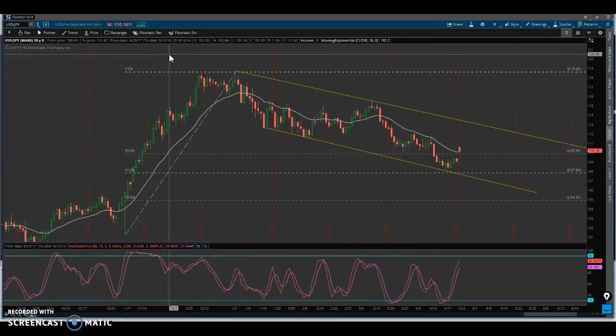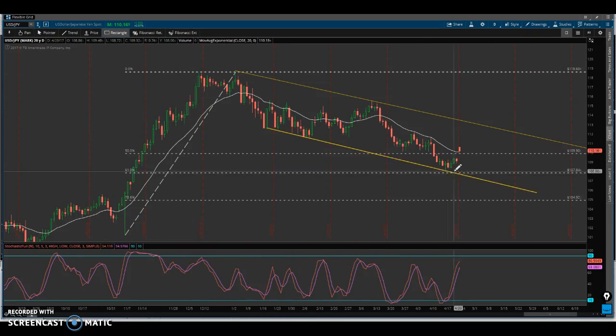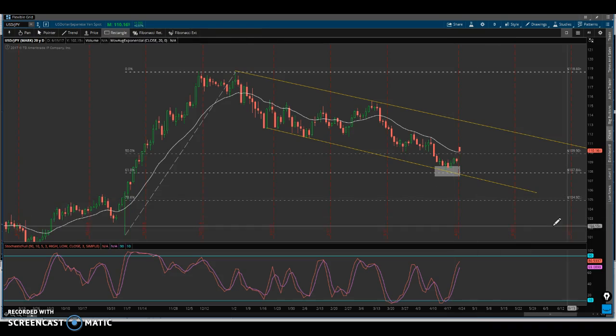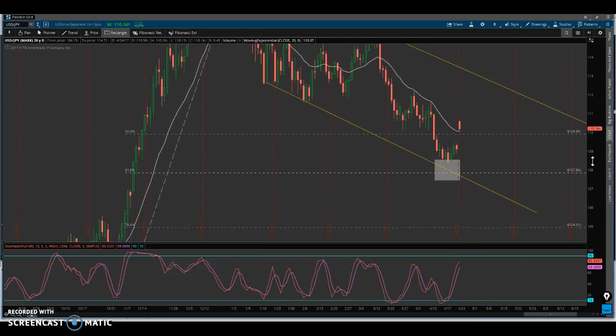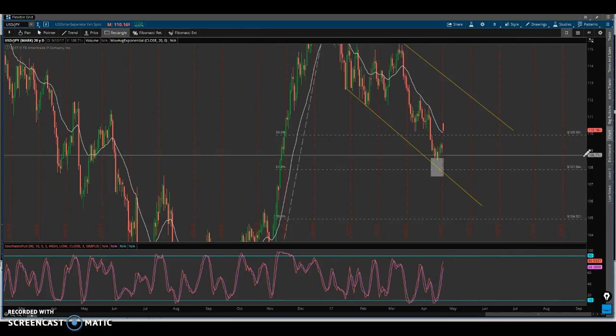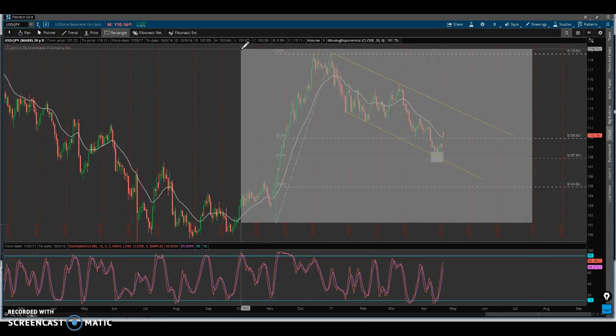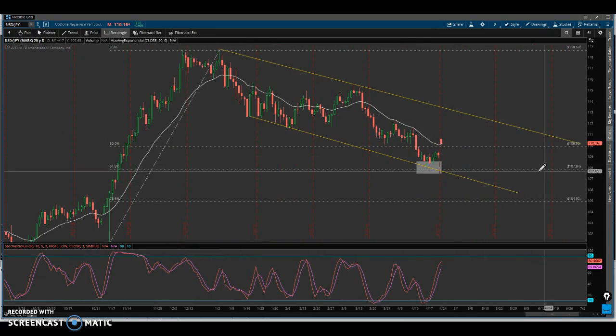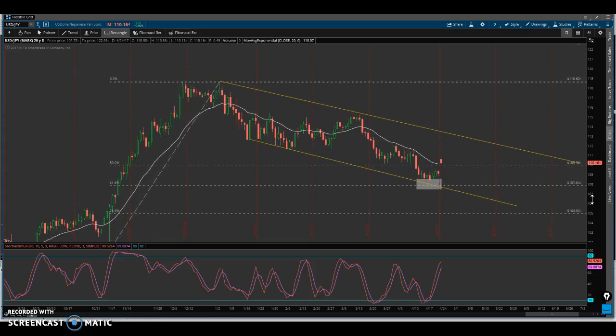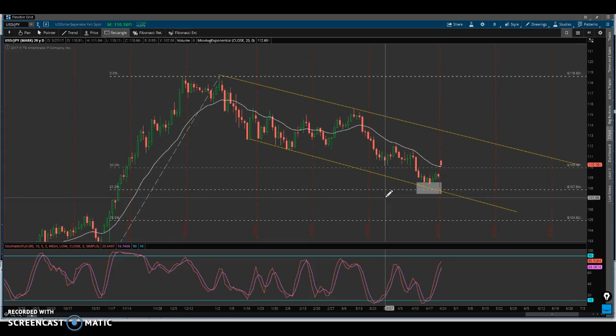And off this general area down here, price put in a nice daily candle pin bar reversal, if you pay attention to that. Because I'm getting more into some swing trades or hybrid swing trades or whatever you want to call it.